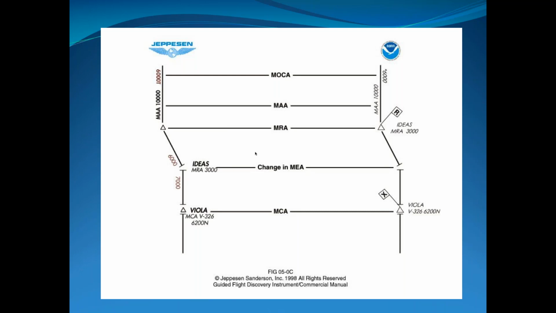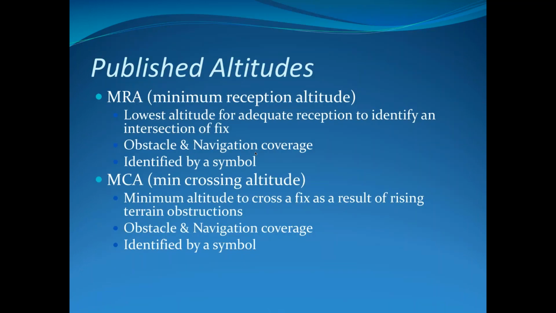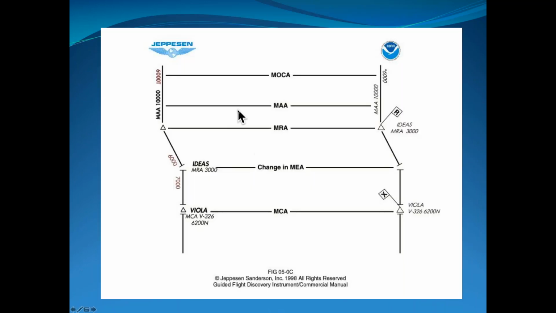So it's like a little flag. Okay, so once again, this chart here is just identifying the differences between the Jeppesen and NOAA, how we'll actually see it on the chart. You'll see this maximum en route altitude. The MEAs are like a burgundy color.